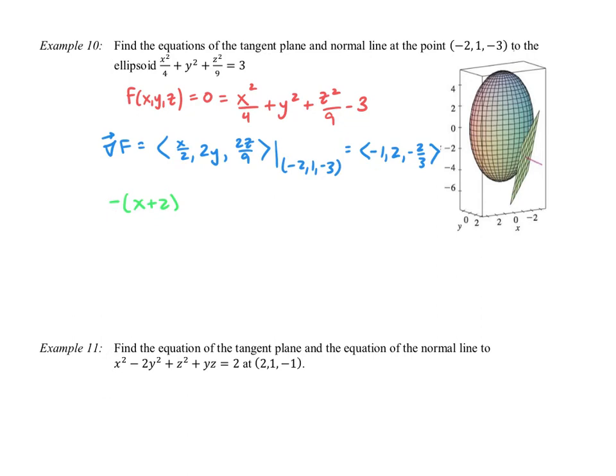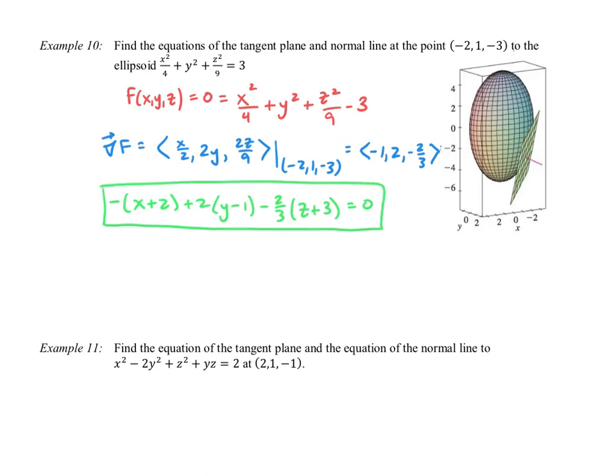And then I have plus 2, which is coming from our gradient vector, the second component there. And then it's going to be y minus 1 as a quantity. And we have then -2/3 times the quantity z plus 3, and it's all equal to 0. So that is our plane.